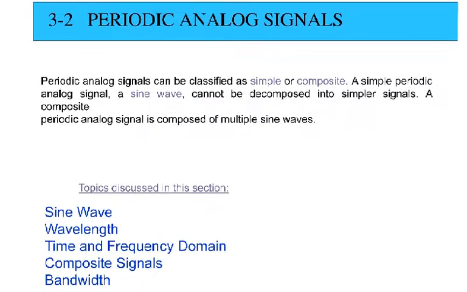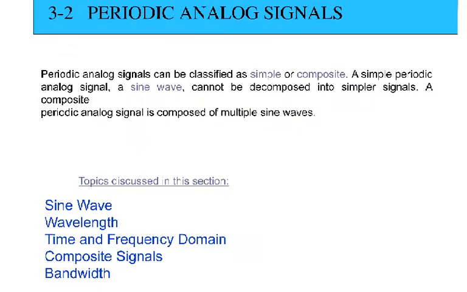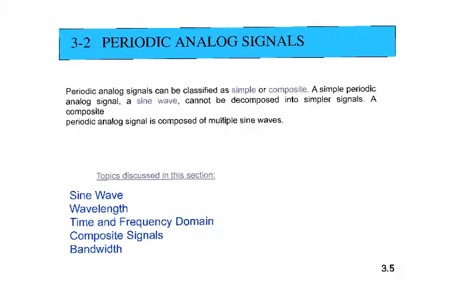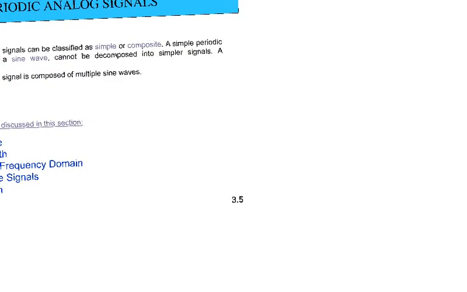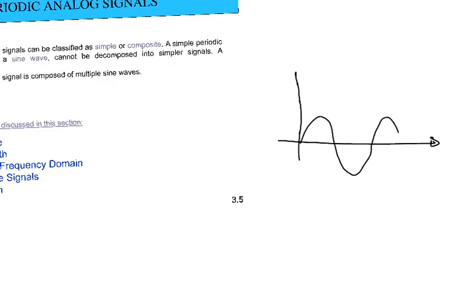Okay, so the periodic analog signals can be classified as simple or composite. So what does that mean? Simple means it's similar to a sine wave. So if you have a sine wave like this, so this is a sine wave.